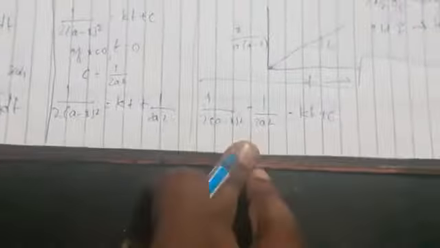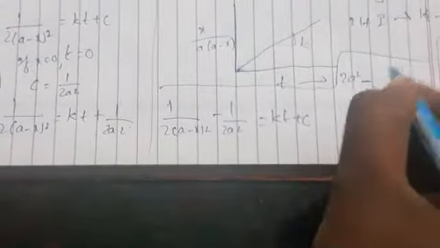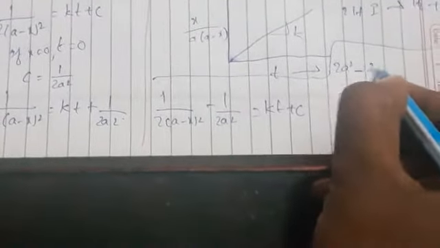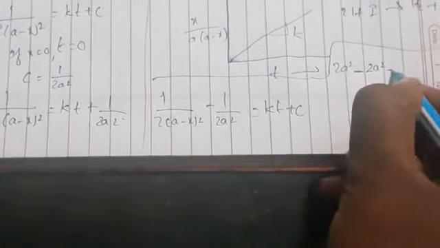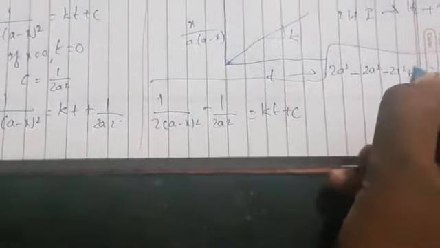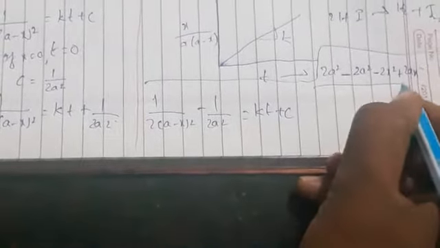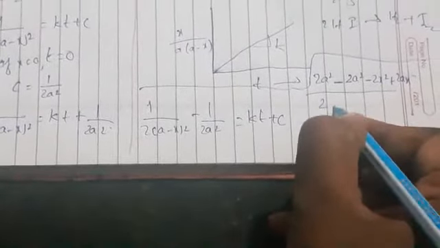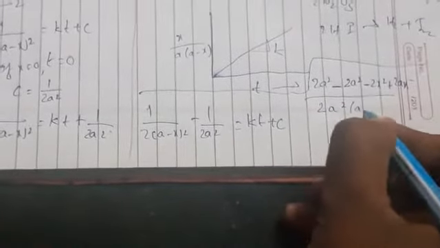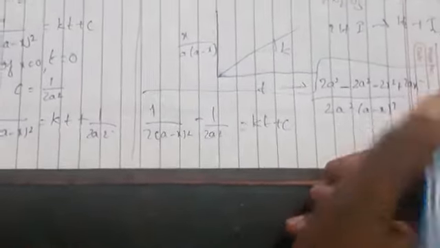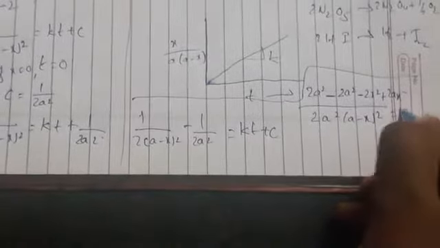Then if you do the LCM, 2a square minus 2a square minus 2x square plus 2ax by 2a square into (A minus x) whole square is equal to kt.